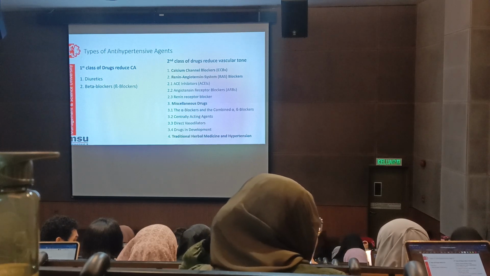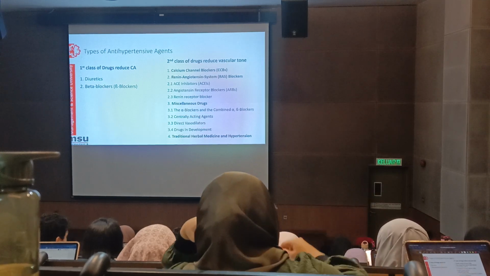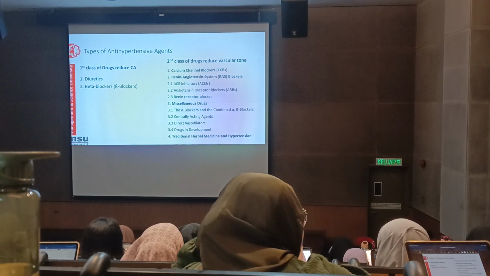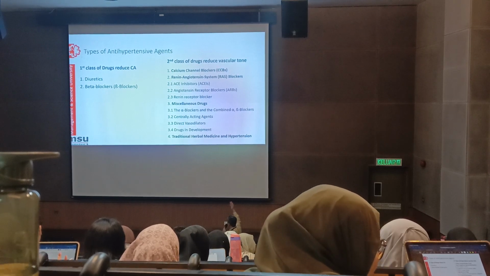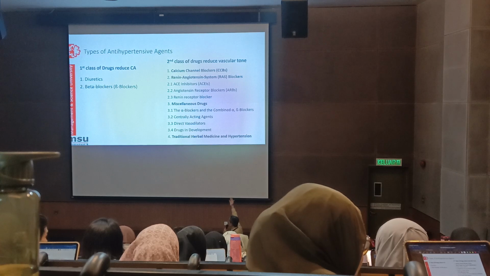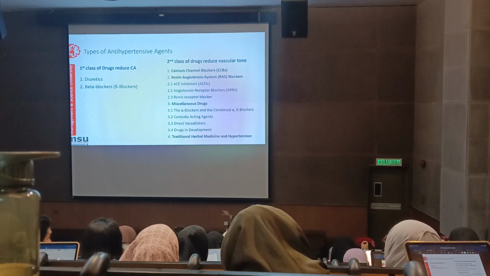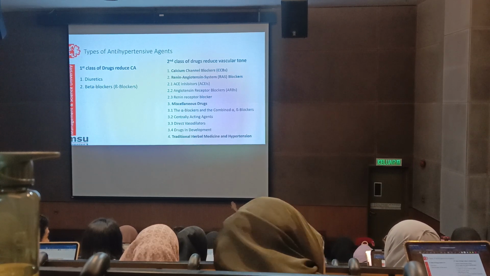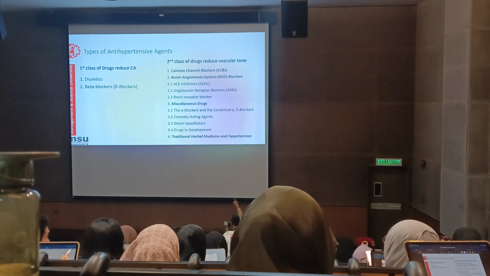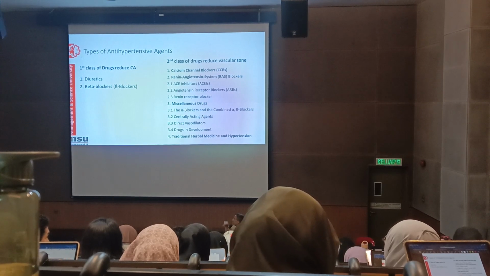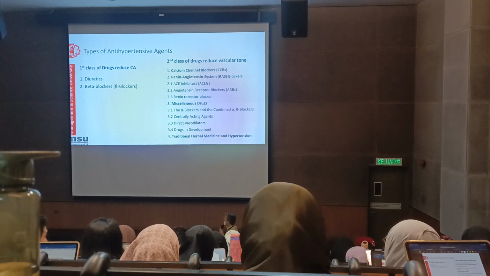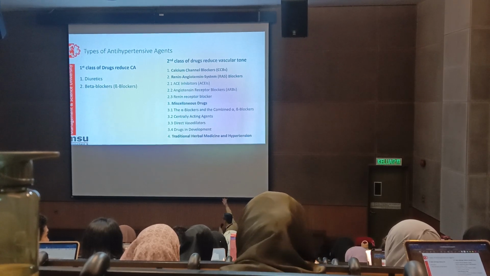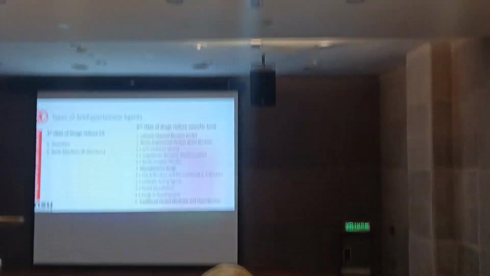We have calcium channel blockers, renin-angiotensin system blockers, angiotensin converting enzyme inhibitors, angiotensin receptor blockers, renin inhibitors, and others. We have alpha blockers and combined alpha and beta blockers. Centrally acting agents, central antihypertensive agents, direct vasodilators, and drugs in development.